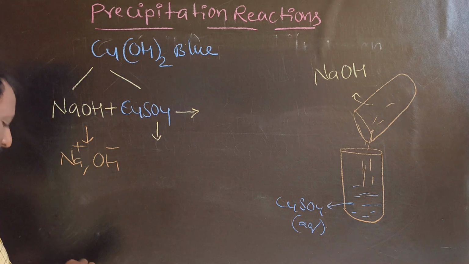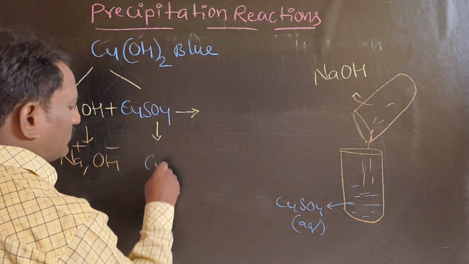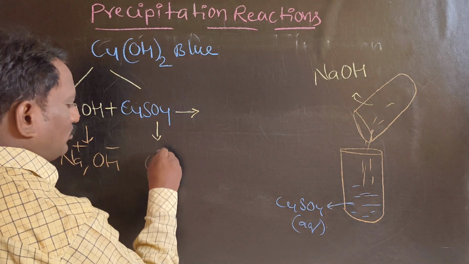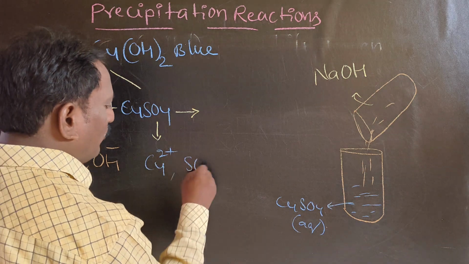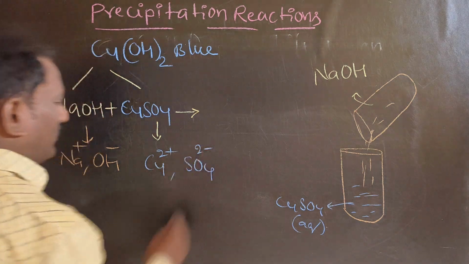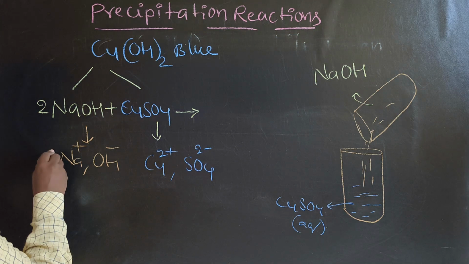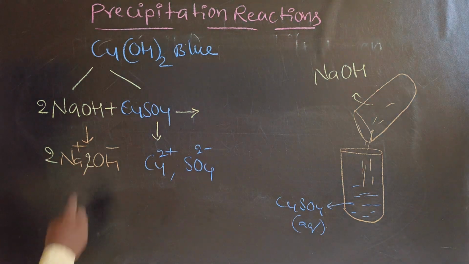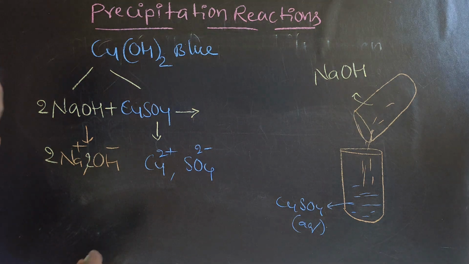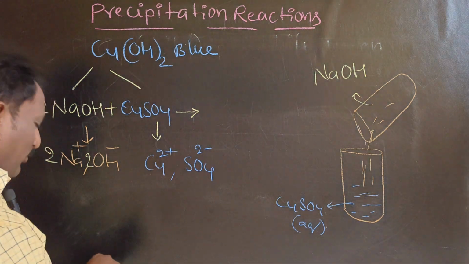Copper sulfate splits up into Cu2+ and SO4 2-. We need to multiply the NaOH by 2 to get equal ions. Right?